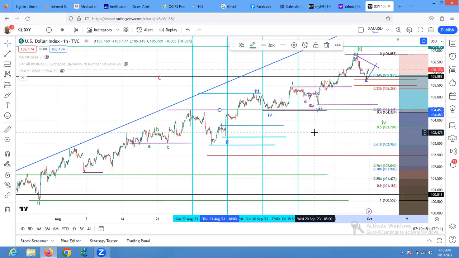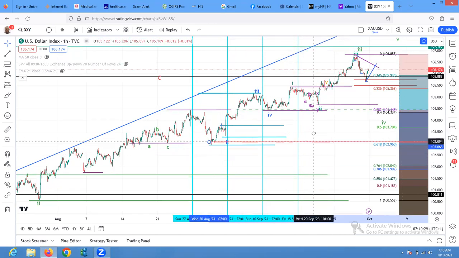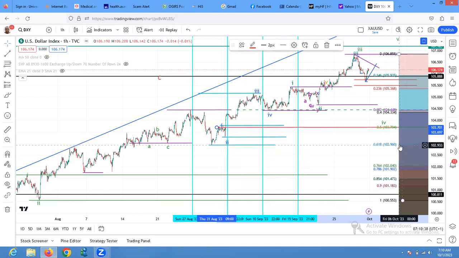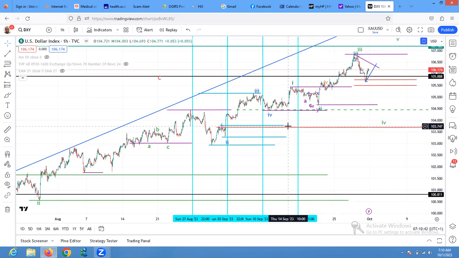That's the space. We are expecting that 4 in that area. And it shouldn't go beyond this 50. So that is what we are anticipating now.